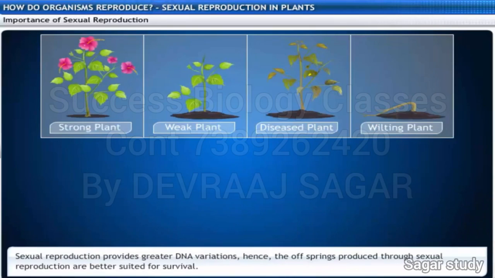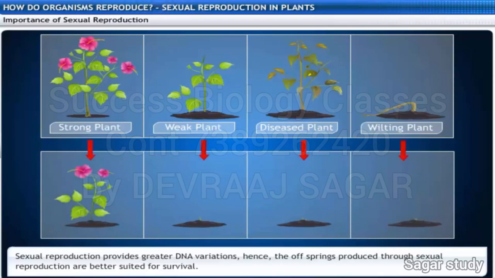Sexual reproduction provides greater DNA variations. Hence, the offsprings produced through sexual reproduction are better suited for survival and provide a mechanism for selective adaptation to occur.